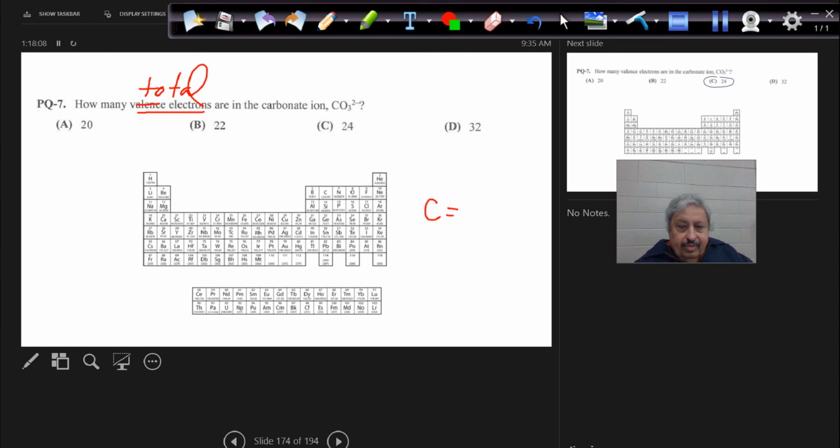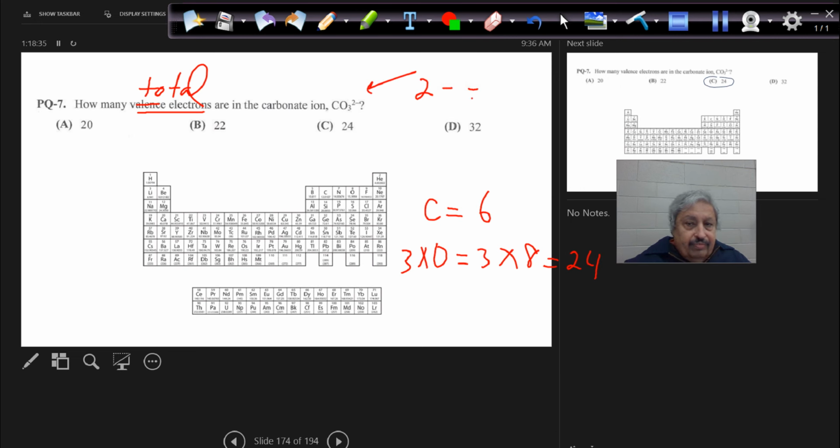Carbon is in the fourth group. What is its atomic number? It is 6, correct? Oxygen multiplied by 3. Three multiplied by oxygen's atomic number, which is 8, that's 24, correct? Now we have a 2 negative charge.